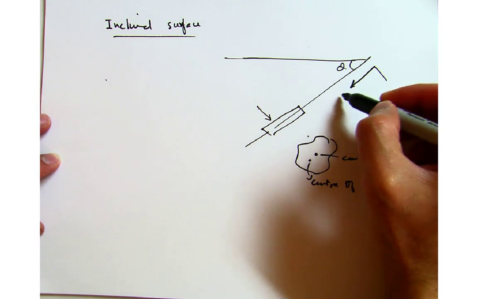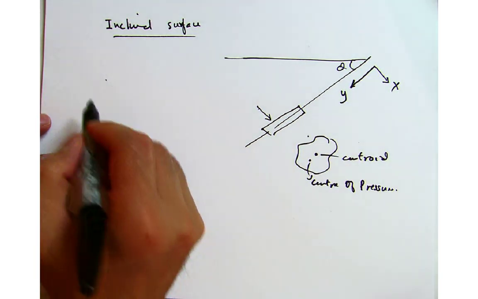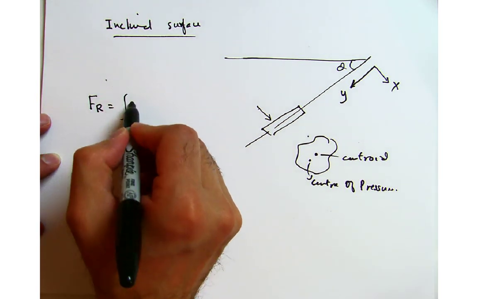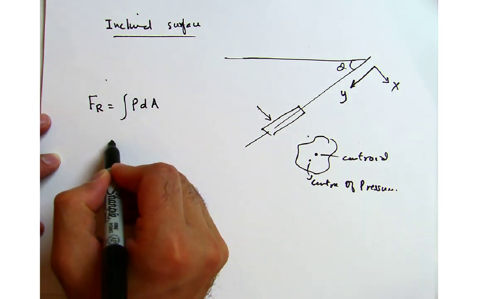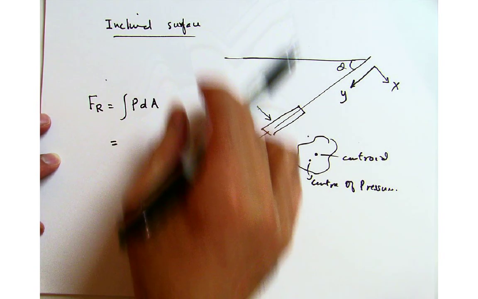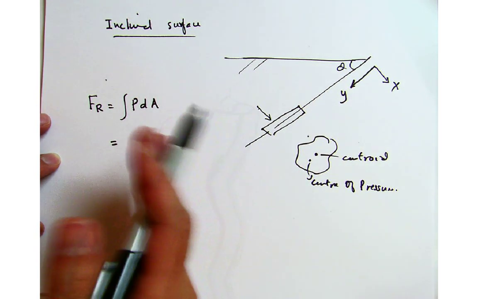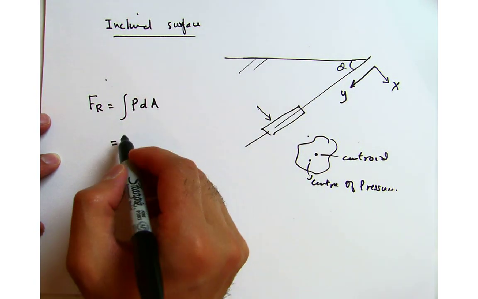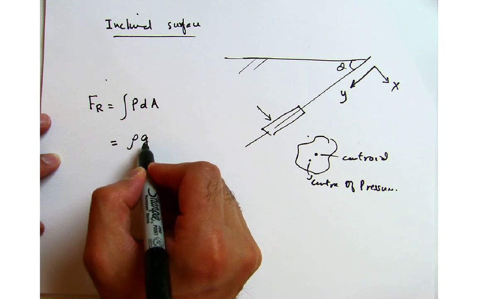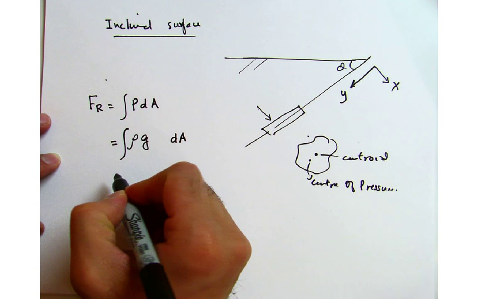Let's suppose I choose this as Y and this as my X. So let's try to find the resultant force, which is the integral of P dA, and I can write this in terms of the hydrostatic pressure. Of course this is fluid, so hydrostatic pressure will still vary the same way. So this quantity will be rho g, and we have dA, and I'm going to put the integral sign.